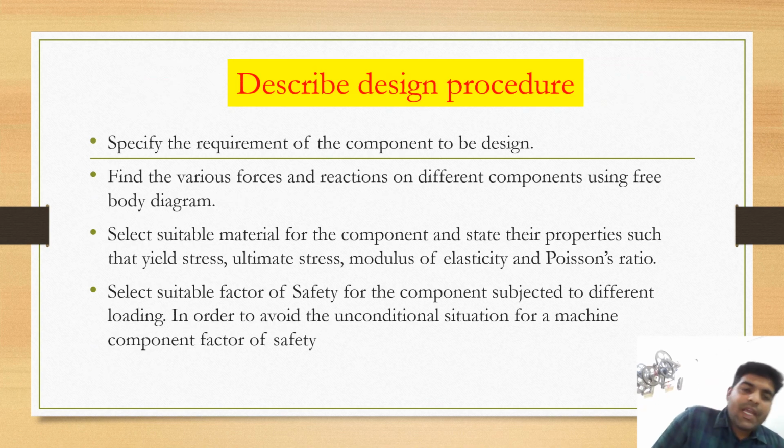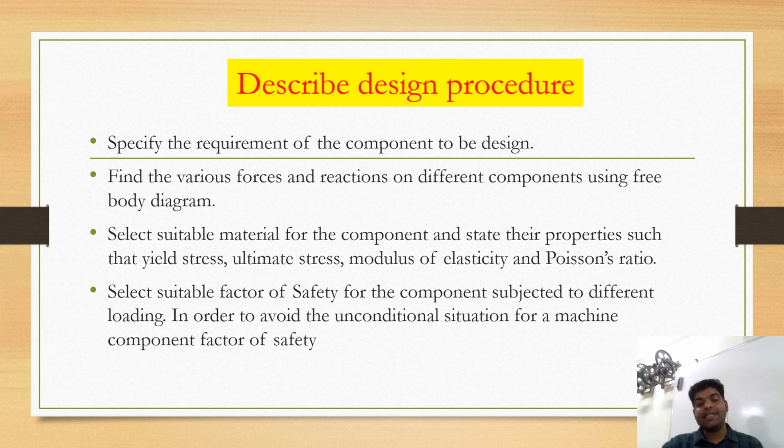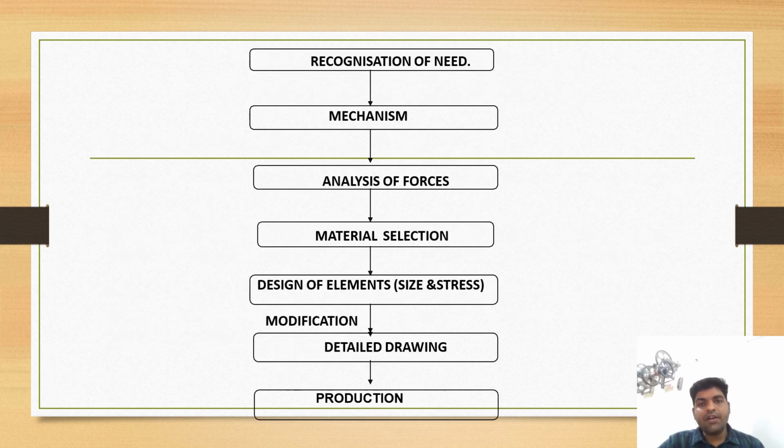Before designing any mechanical component, a designer always follows some design procedure. This design procedure should help the designer to make a perfect and suitable component which is helpful to human beings. These procedures are followed. First one is recognition of need. That means specify the requirement of the component to be designed.